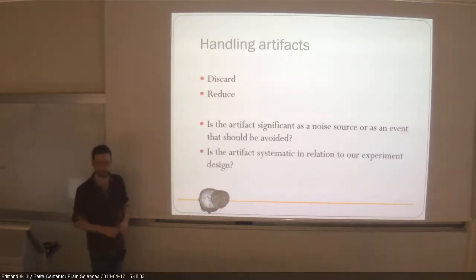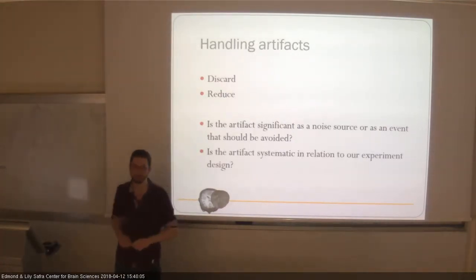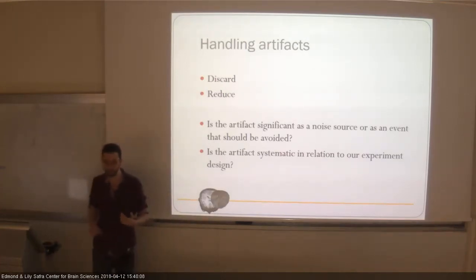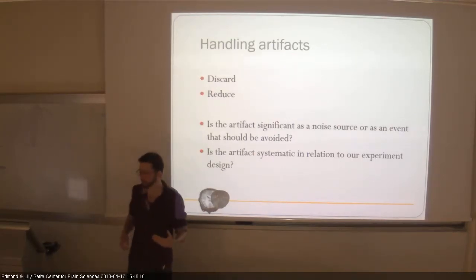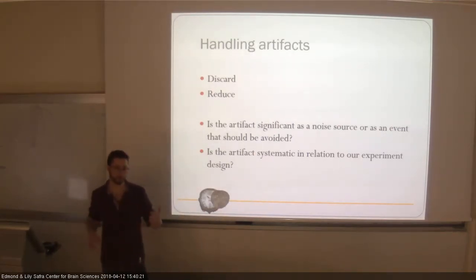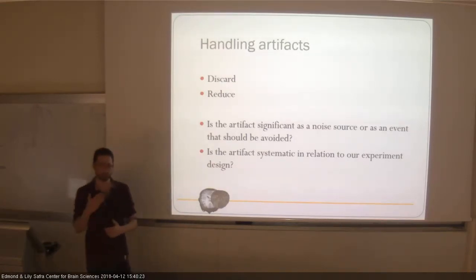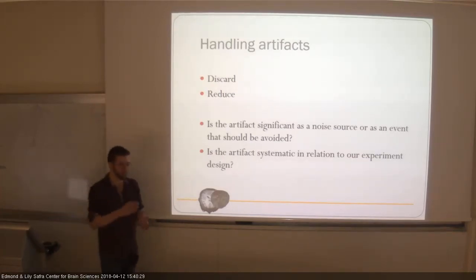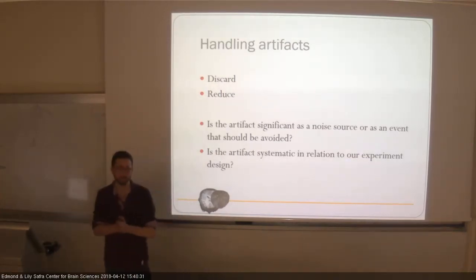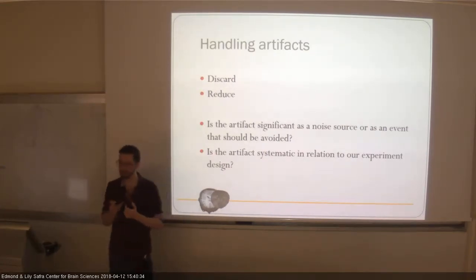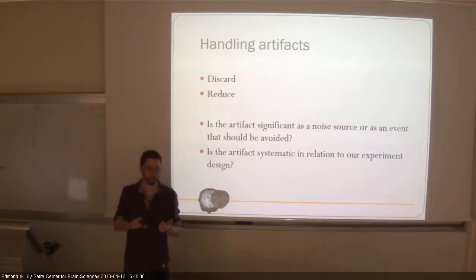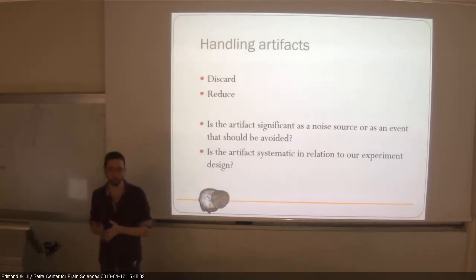And another question is whether the artifact is systematic. So for example, if you see that the subject blinks systematically at a very specific latency after the stimulus is presented, then even though I have a very good way, which I will present shortly, of getting rid of the effect of this artifact on my signal, because it is systematic, it's enough for a very small residual of the artifact to remain to have a very clear effect on my ERP, right?